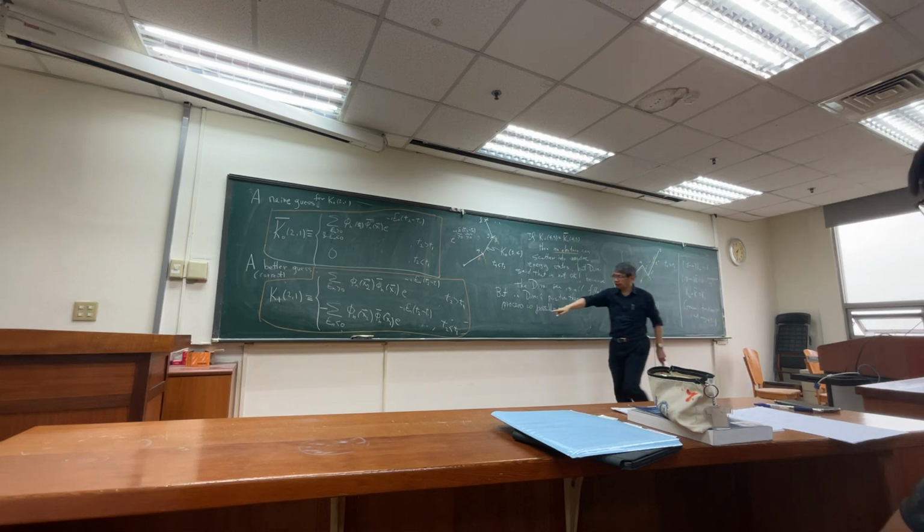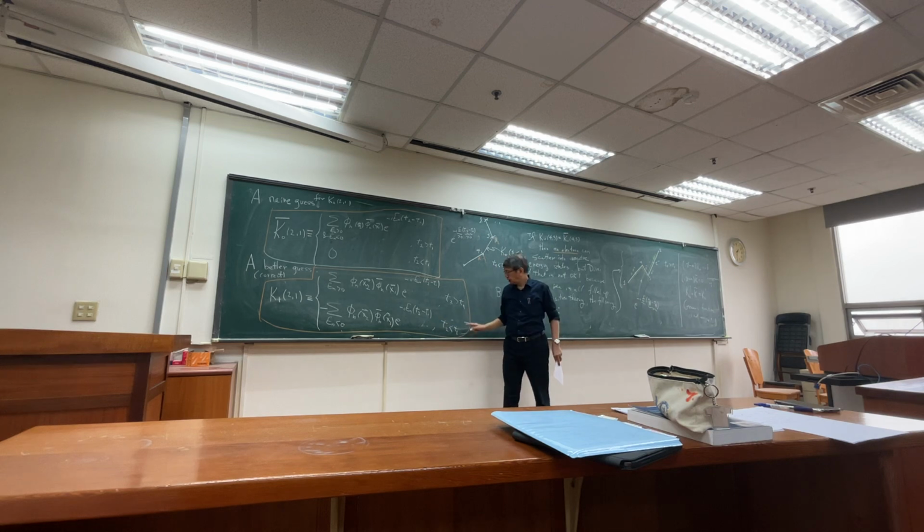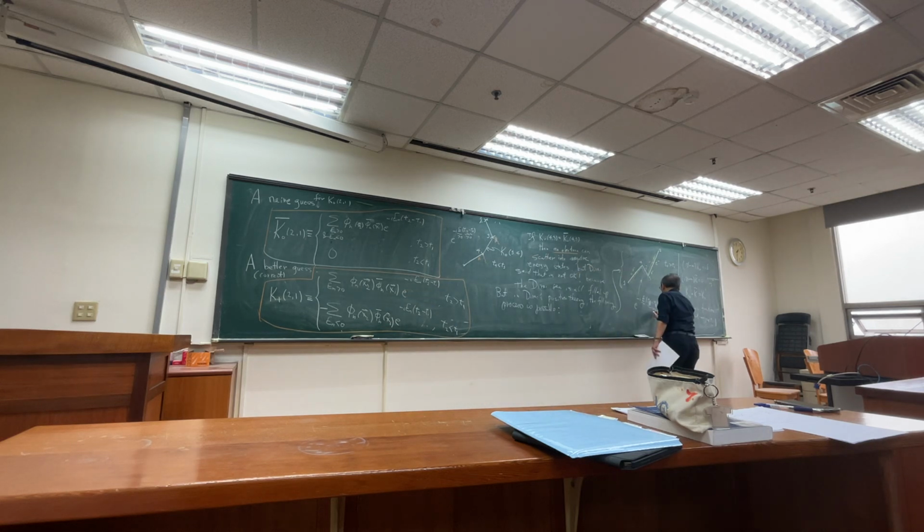I'm just using that because when T3 is greater than T4, that's okay. But when T3 is less than T4, I should use that, right? If I use K plus, and now this is less than 0, this is also less than 0, I can write this as exponential of E times T4 minus T3.